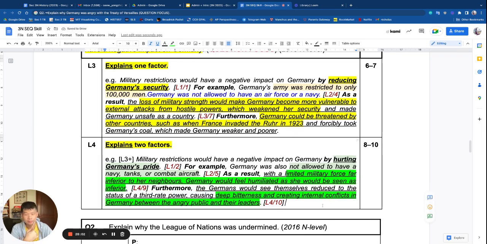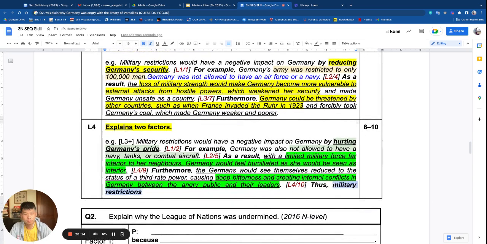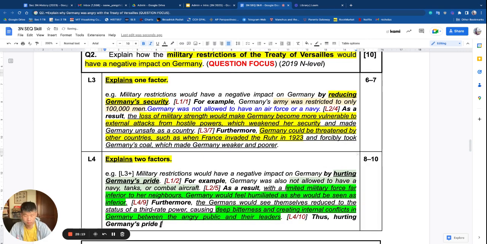And all this conflict and bitterness, let's look at the link. Thus, hurting Germany's pride was a reason that military restrictions, was how military restrictions would have a negative impact.